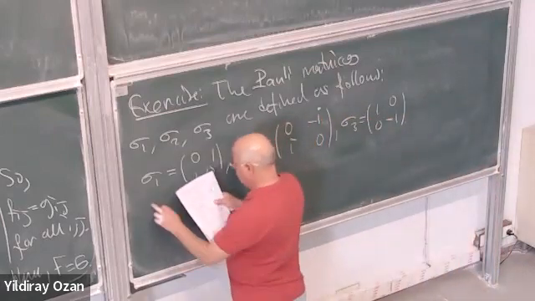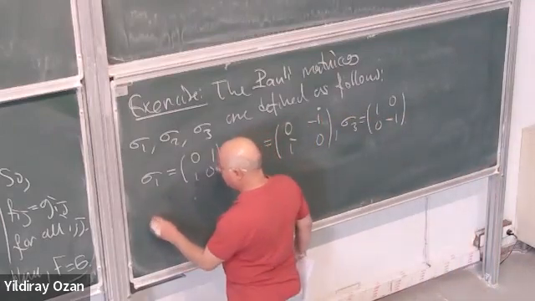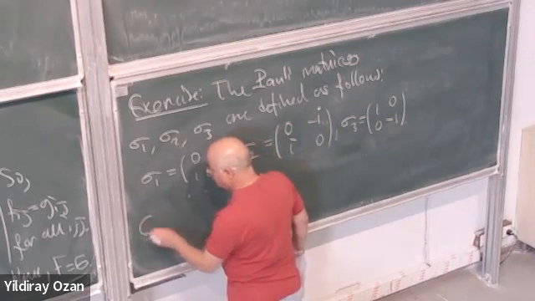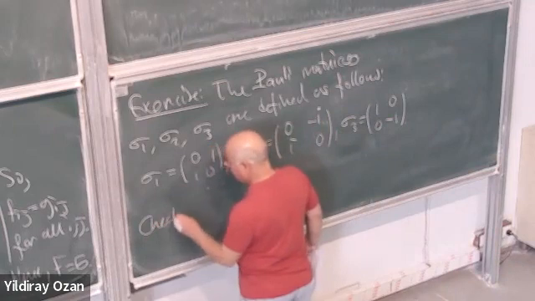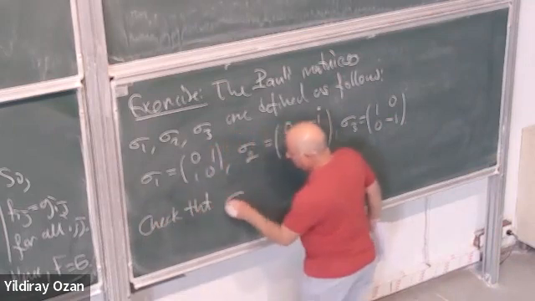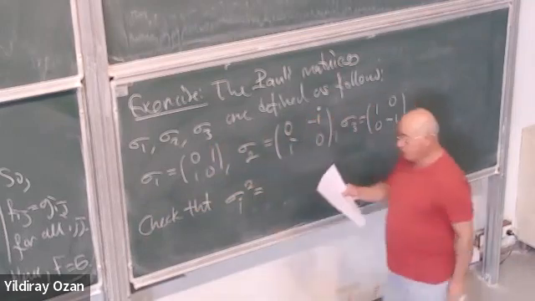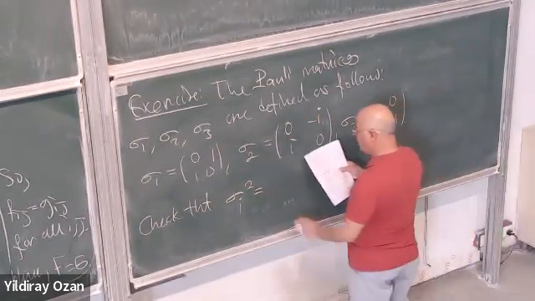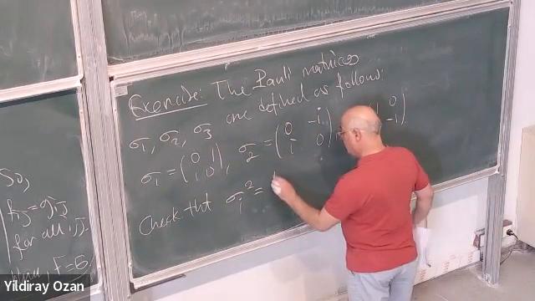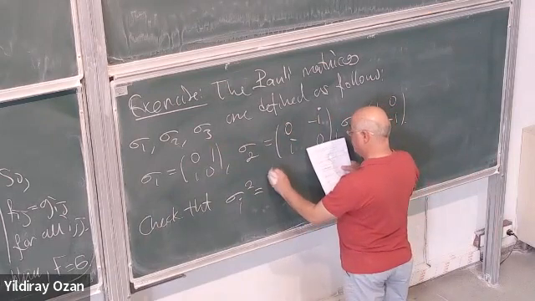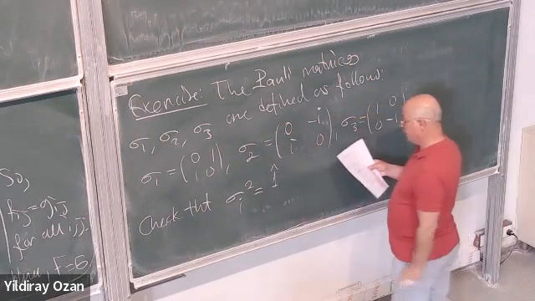So one can verify that. Okay, check that sigma I squared, the square of each one, is the identity matrix. The author used this notation to denote the identity matrix.